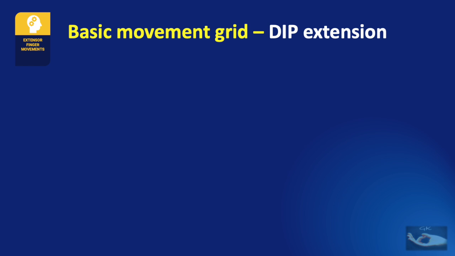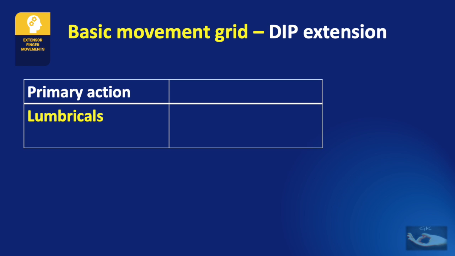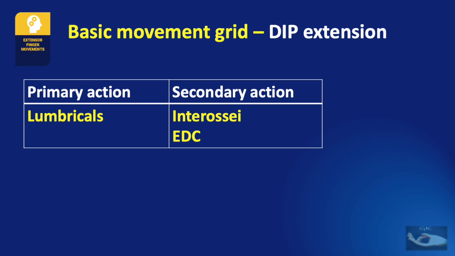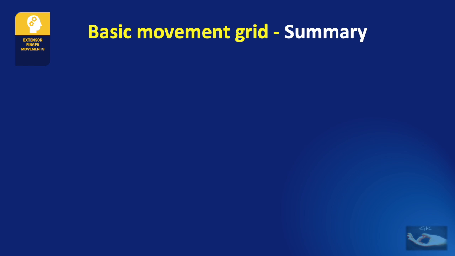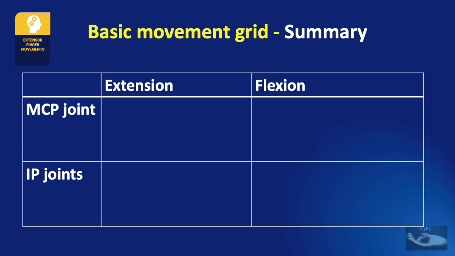When the distal interphalangeal joint extension is concerned, the primary action is by the lumbricals via the conjoined lateral band and the secondary action is by the interossei and the extensor digitorum communis. Having seen all the movements at the metacarpophalangeal joints and the interphalangeal joints, shall we now consolidate all these to try to understand this better? The metacarpophalangeal joint extension is by the extensor digitorum communis.